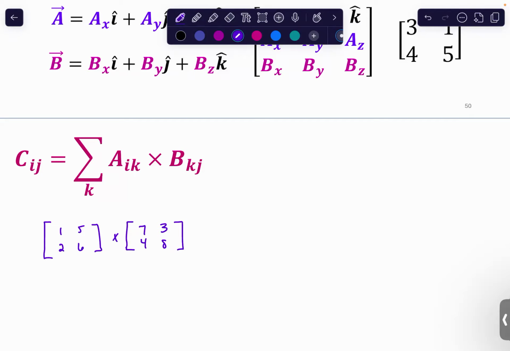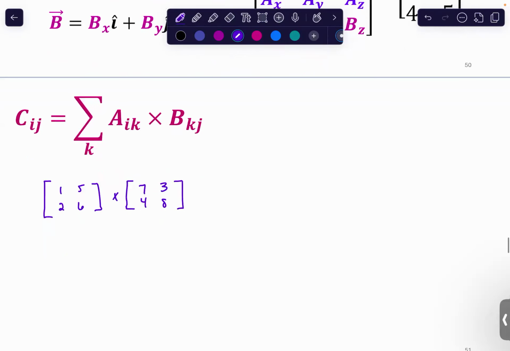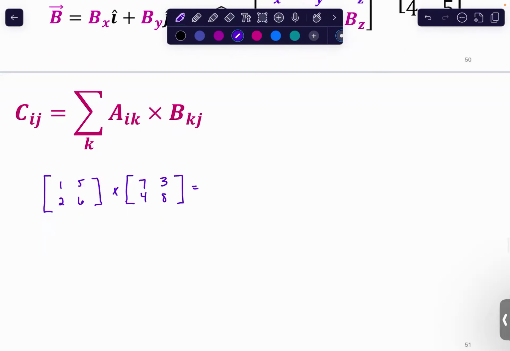So if you multiply a 2 by 3, 2 rows, 3 columns, by a 3 by 2, 3 rows, 2 columns, you'd end up with a 2 by 2. So that'd be your IJ. Let's see how this works out.